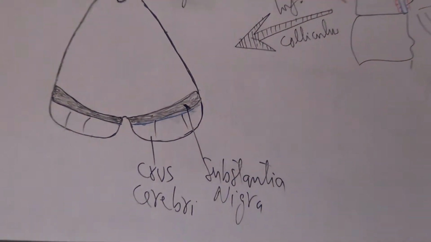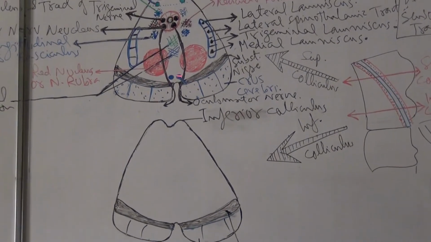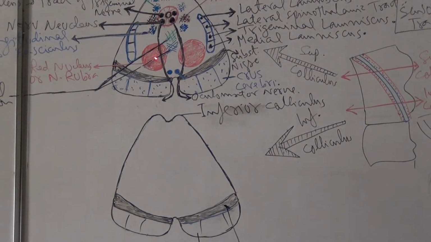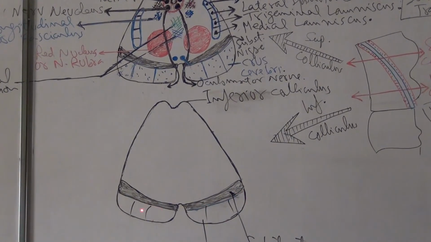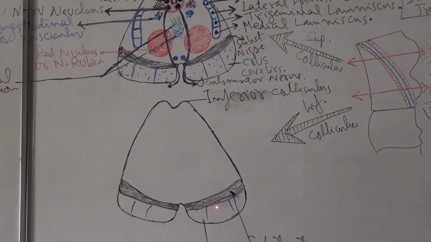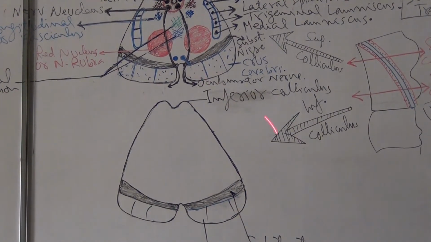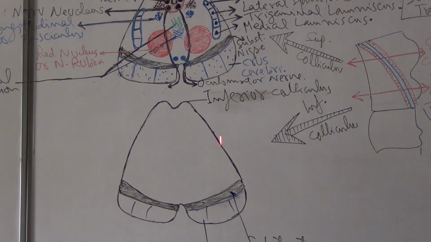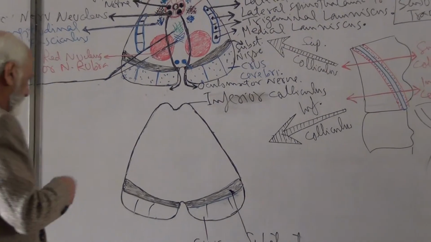So the crus cerebri and substantia nigra of the upper half of the midbrain continue downwards in the lower half of the midbrain also. And there is no structural difference in crus cerebri and substantia nigra throughout the whole extent of the midbrain.